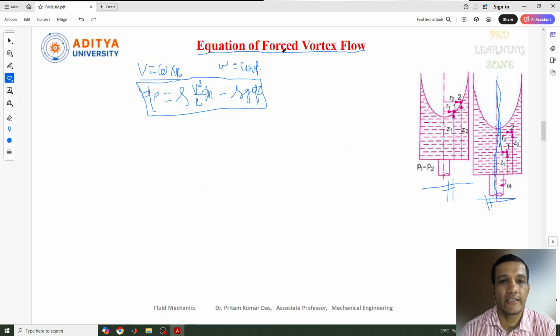Now we are going to discuss the forced vortex flow. So let's put the value of V, the forced vortex flow equation, into this generalized equation.